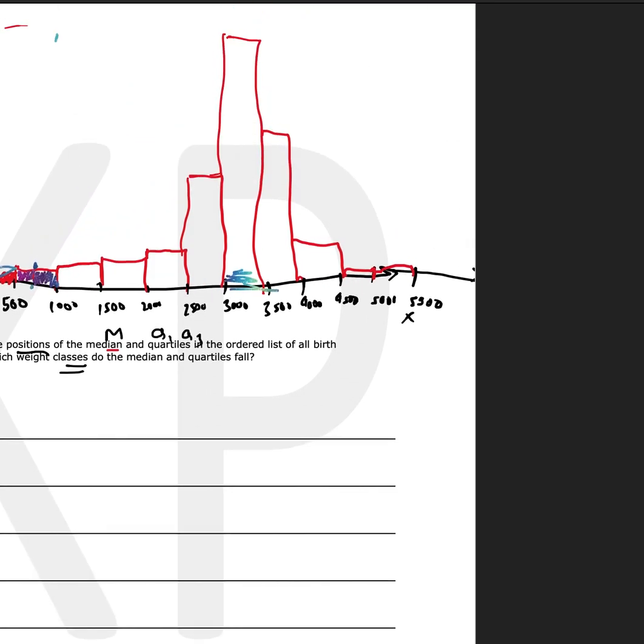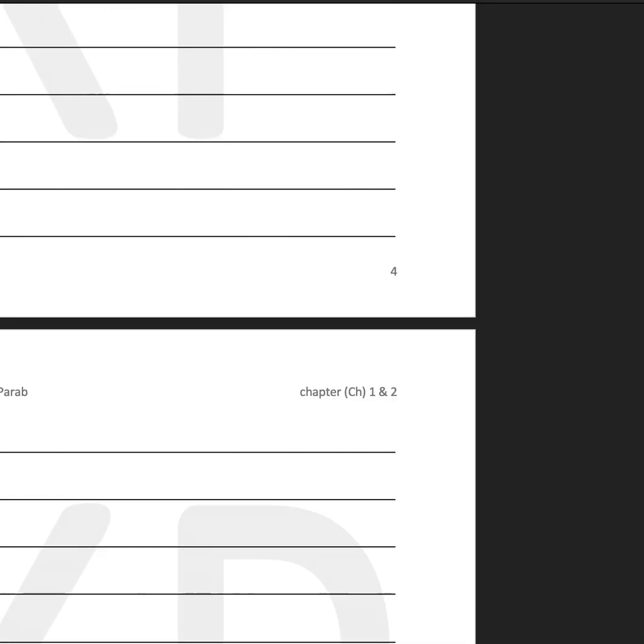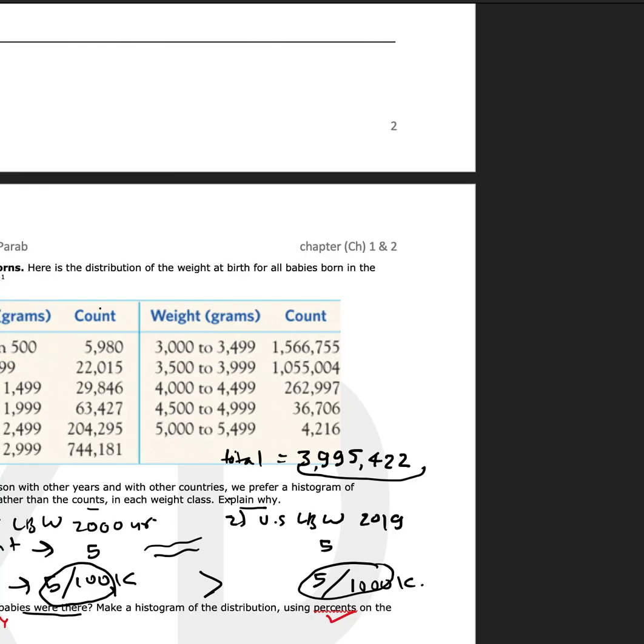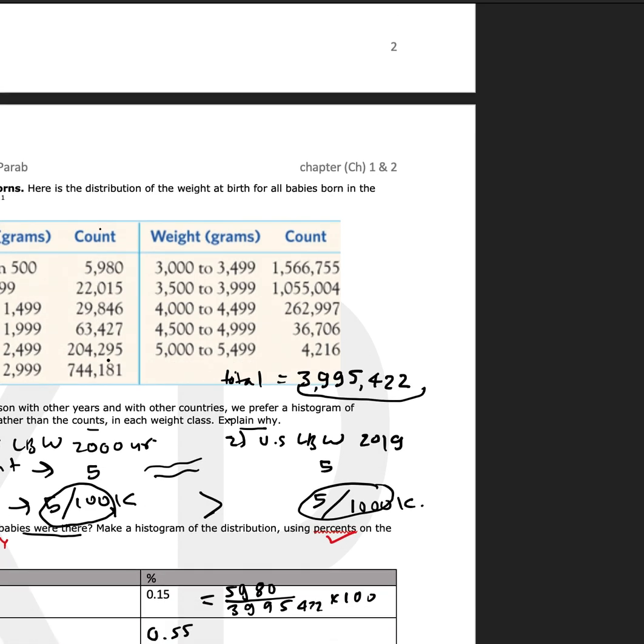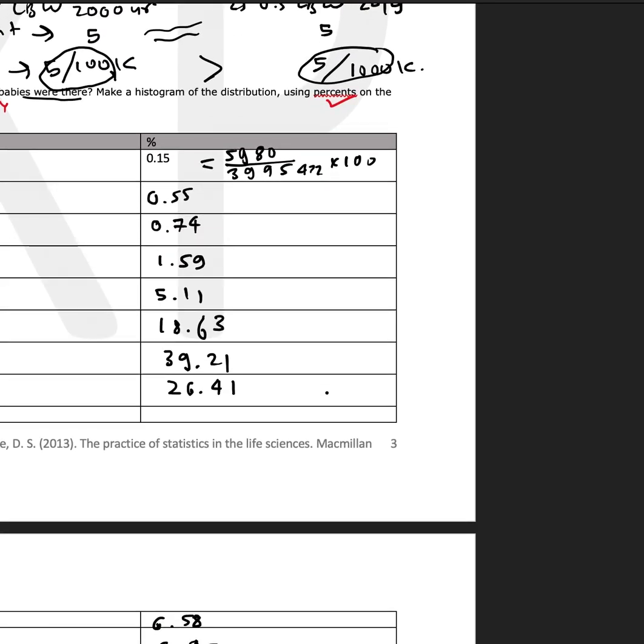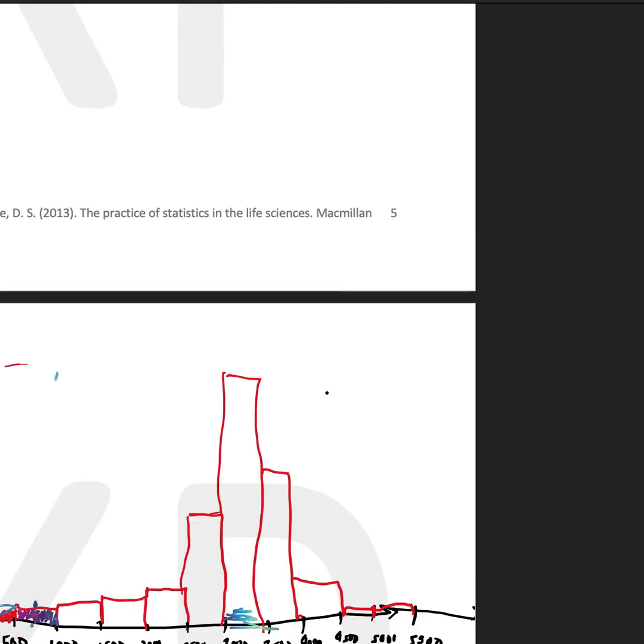Now in this case we have the data ordered according to those categories, and these are the frequencies. So we just have to use the total number to find the median and quartiles.